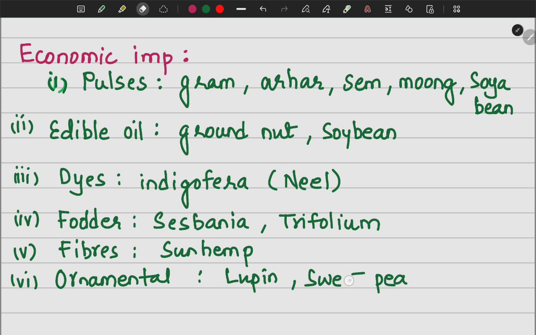I'm sorry, the spelling for sweet is SWEET, sweet pea. And then the last we will study about the medicinal plant, which is the mulethi.